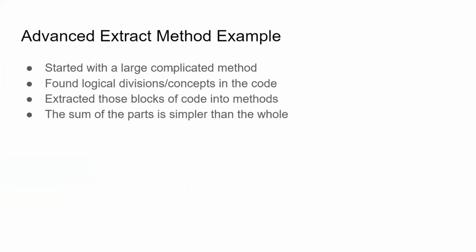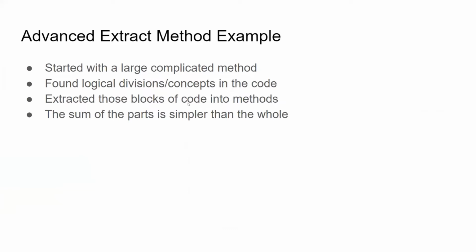So we started with a large complicated method, and we sort of worked out how that code is divided up, and found some logical divisions where we could then use extract method to make that original method a lot shorter, and hiding a lot of the complexity.